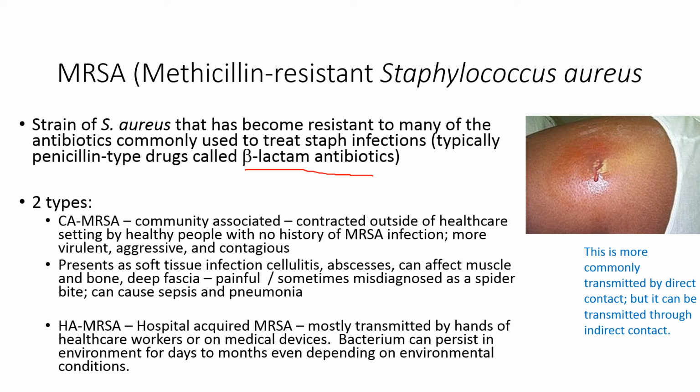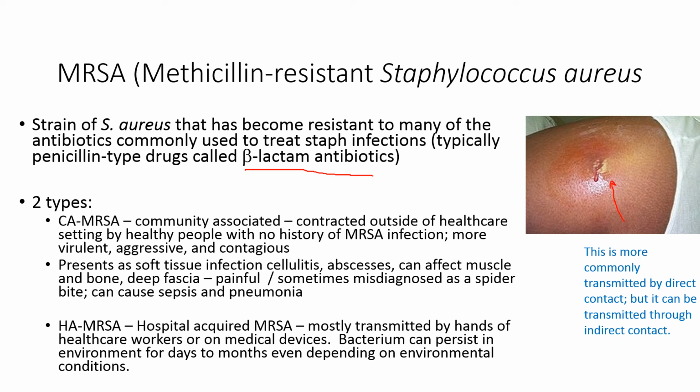Typically, the community-associated MRSA presents as a soft tissue infection. Initially, it looks like an insect bite or a blistery bite with a lot of swelling associated. It can be quite painful, and when the MRSA bacterium moves away from this infection site, it can cause sepsis and pneumonia.